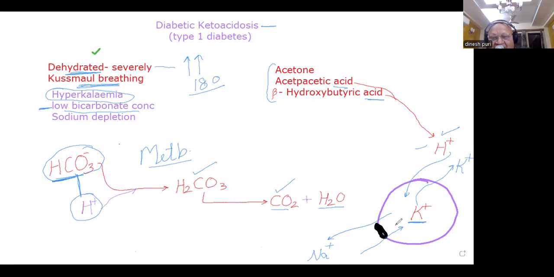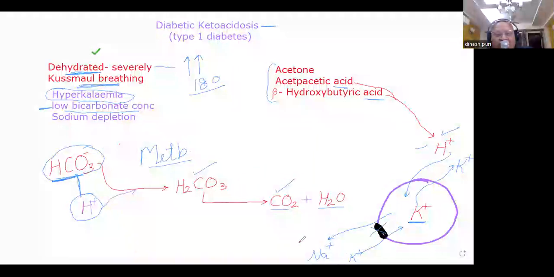All of you know it very well. So potassium is moved into the cell by the sodium-potassium pump. Now what is a pump? It's an enzyme. And all of you know that enzyme activity falls whenever there is acidosis. So in acidosis, the enzyme will become less effective. As a result, it will not be able to move potassium into the cell.